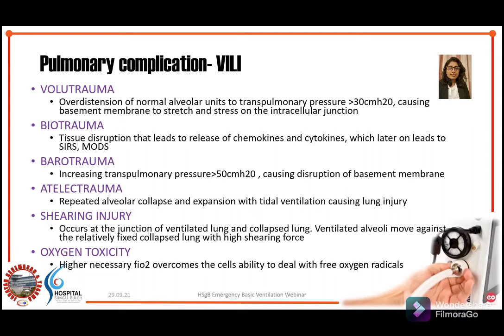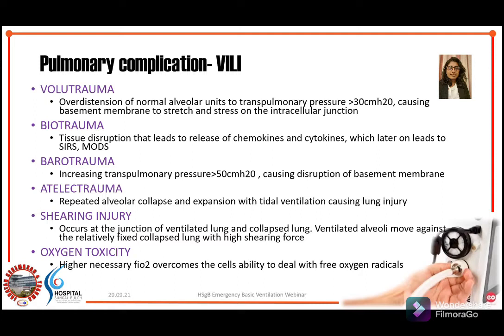Barotrauma happens when you have increased transpulmonary pressure of more than 50 cm water that causes disruption of the basement membrane. Atelectrauma occurs when there is repeated alveolar collapse and expansion with tidal ventilation, which can cause lung injury. Shearing injury occurs at the junction of ventilated lung and collapsed lung.